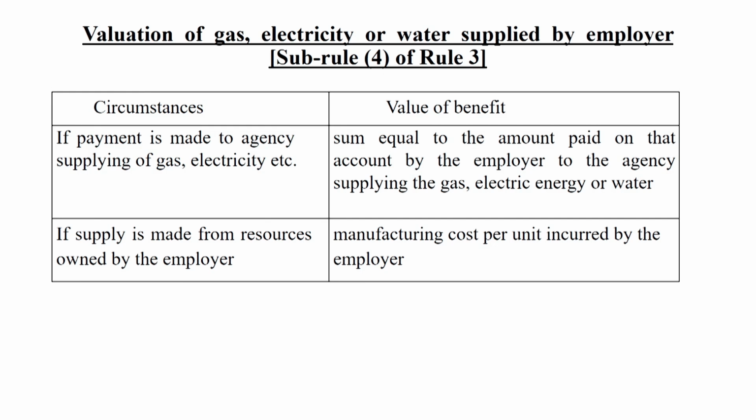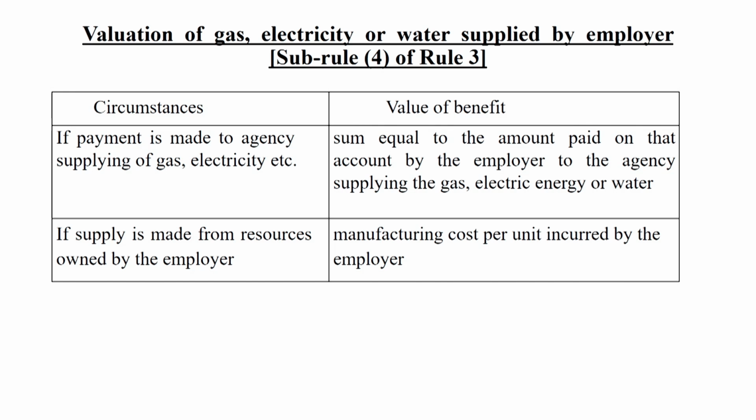If these facilities are provided by the employer to its employee, and payment is made to the agency regarding the supply of these facilities, the value of perquisites will be equal to the amount paid on that account by the employer to the agency supplying such facility.